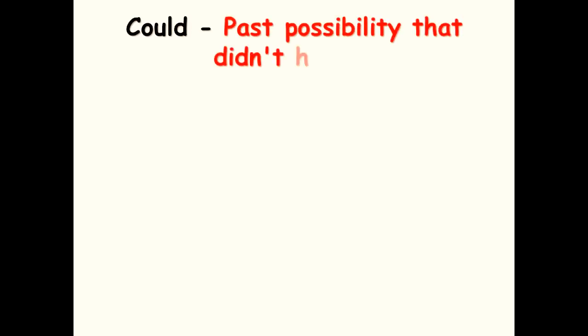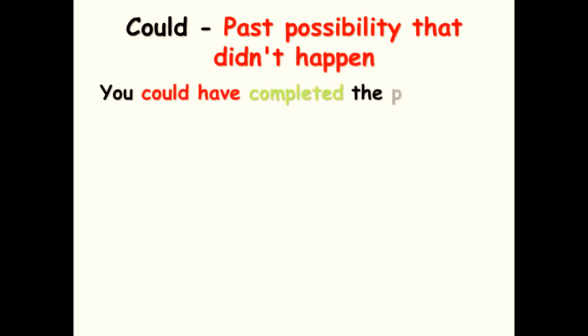Now let's take a look at how we can use could for a past possibility that didn't happen. You could have completed the project last night. Could have completed, that means this was possible in the past. Probably you chose not to do it.